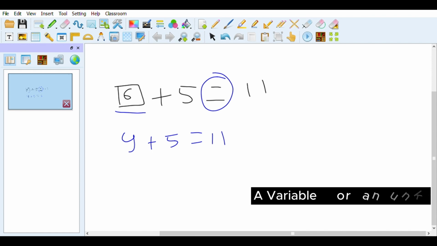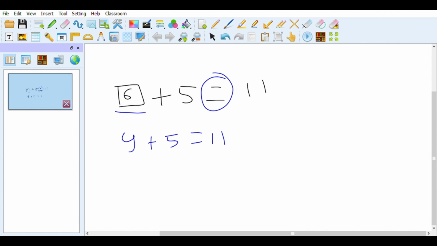Okay, so in algebra, a variable is like a container. In fact, that's the reason why it was a box. So anytime you see a letter, you should visualize it like a container that needs a value that will make the equation true. So a variable is a container that can accept any number.